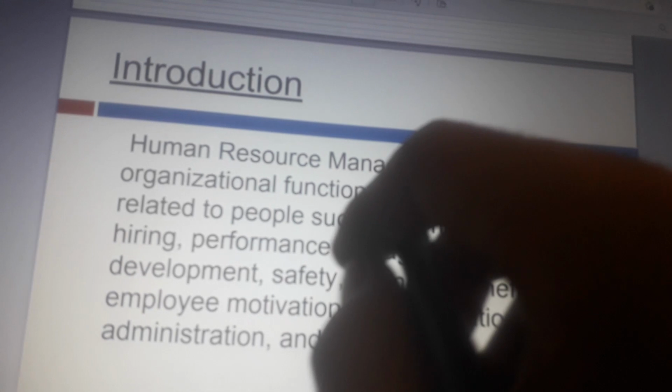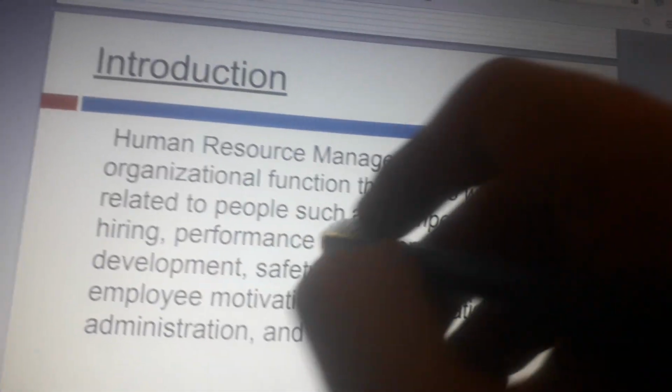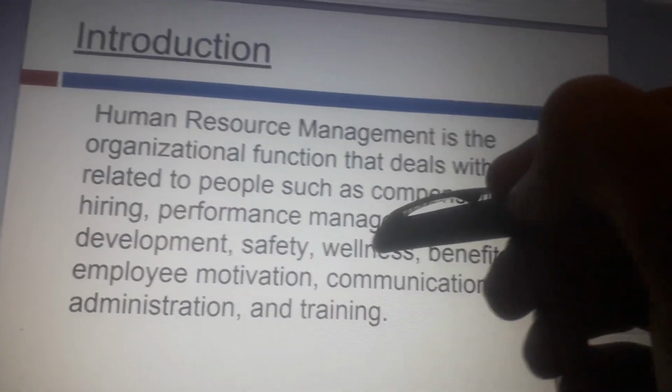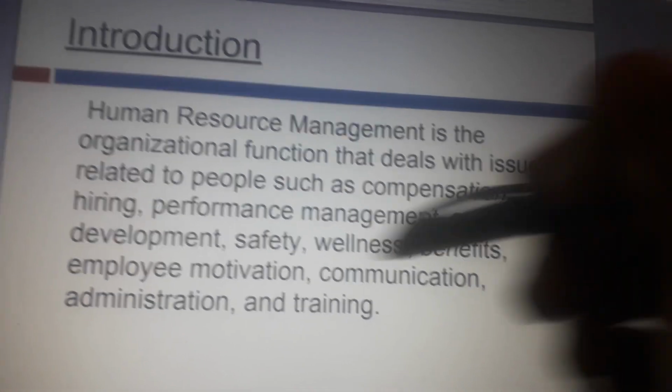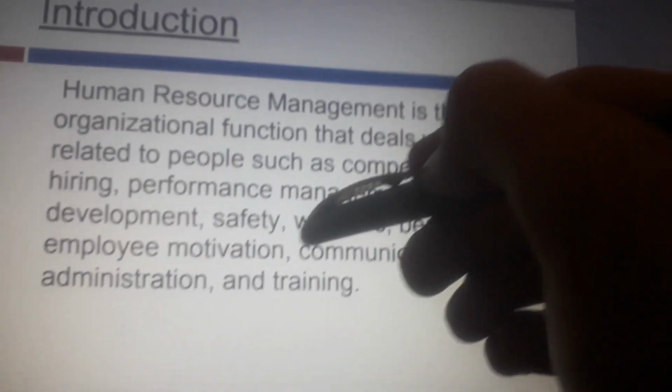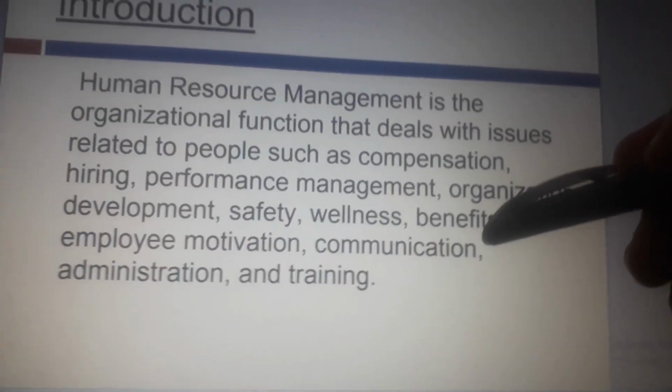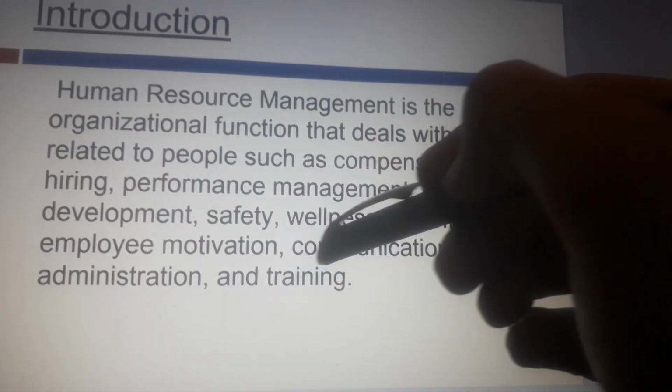Introduction. Human resource management is the organization function that deals with issues related to people such as compensation, hiring, performance management, organization, development, safety, wellness, benefits, employee motivation, communication, administration, and training.